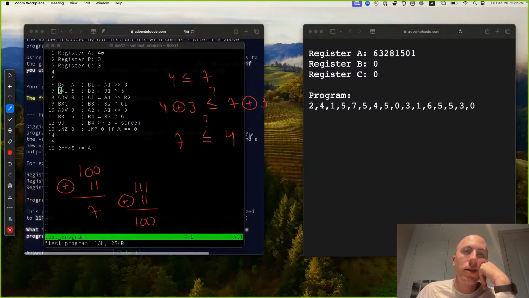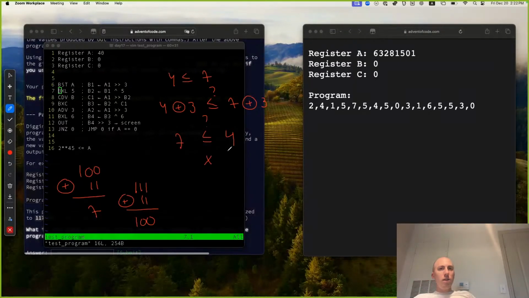So now you get 7 is less than or equal to 4, and that destroyed the inequality. That was what a lot of our reasoning was relying on. But I think you should still be able to maintain this inequality.